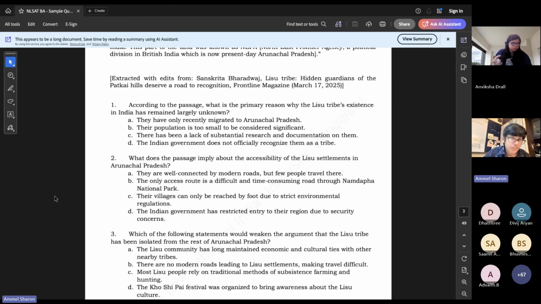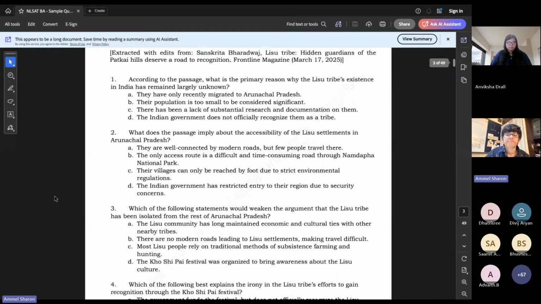That's not why they are largely unknown according to the passage, not according to our opinion, according to the passage. There has been a lack of substantial research and documentation on them. We know that this line occurs in the passage and is related to their obscurity. The Indian government does not officially recognize them as a tribe. That's not true. So C is the answer, right?